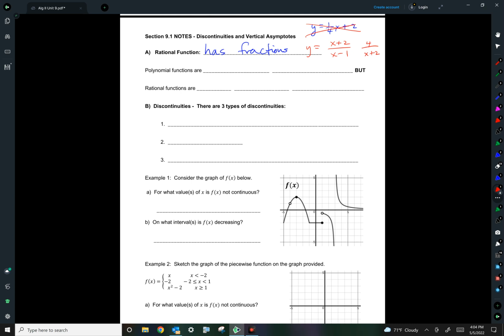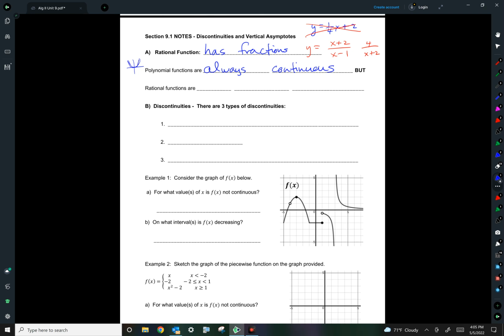So in general, we would say that polynomial functions are always continuous, meaning think about a polynomial, like the graph of a parabola. There aren't any holes or breaks in the graph.